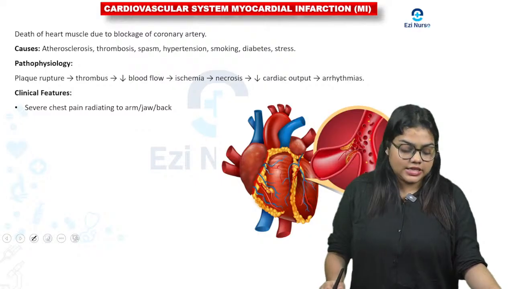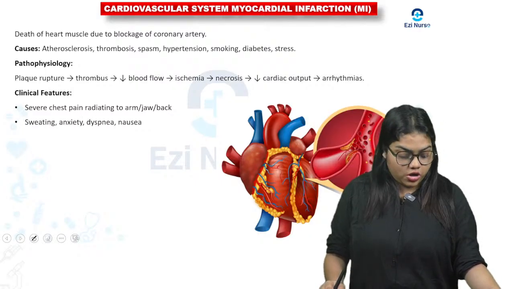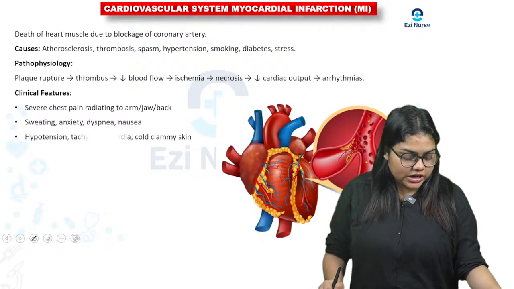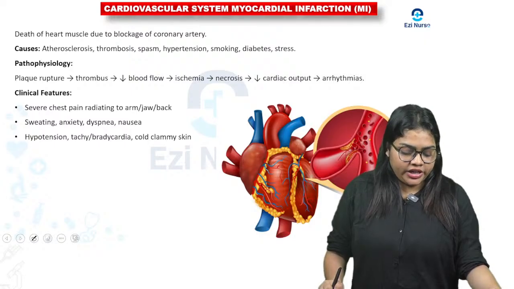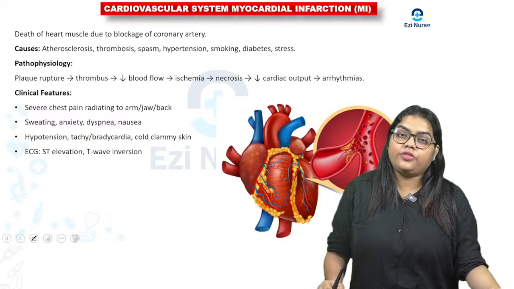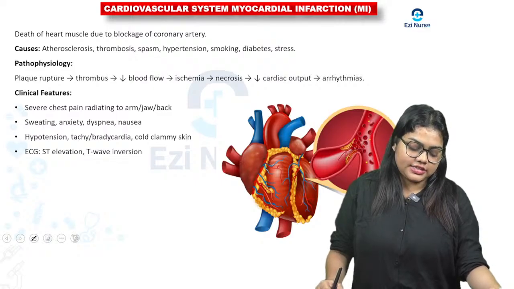Now, what are the signs and symptoms? They include severe chest pain radiating to the arm, jaw and back, sweating, anxiety, dyspnea and nausea. Then hypotension, tachycardia or bradycardia, cold and clammy skin, and on ECG we can see T wave inversion and ST elevation.